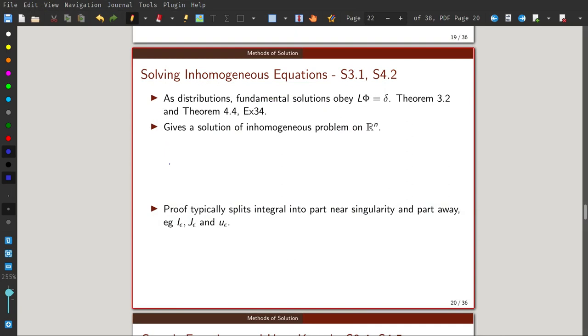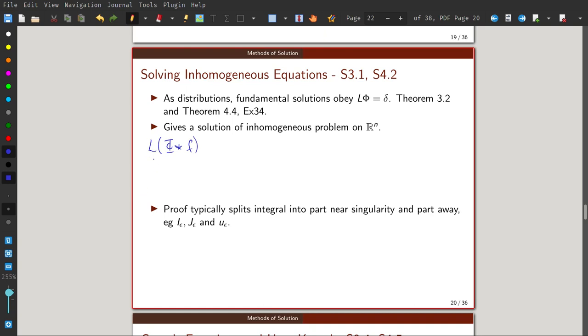It's a useful property because of the following reason. If we want to solve the inhomogeneous problem, what we can do is look at the differential operator applied to the fundamental solution in convolution with the inhomogeneous term.